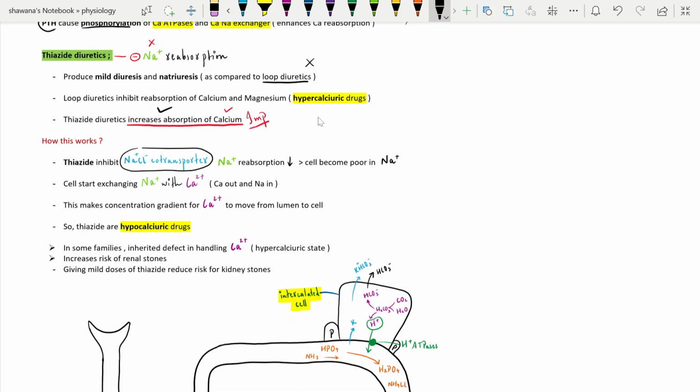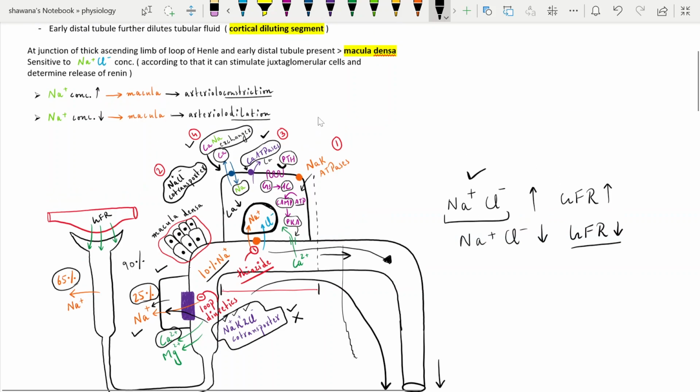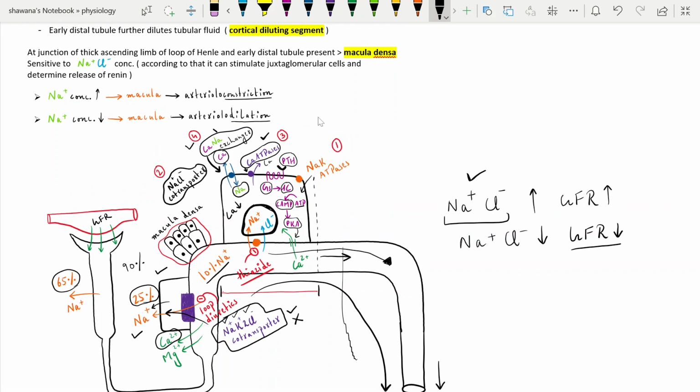The cell cannot tolerate this. It will start to exchange sodium with calcium through the calcium sodium exchanger. When thiazide blocks the sodium chloride co-transporter, the cell becomes sodium poor, so it starts to bring the sodium in and throw the calcium out constantly.